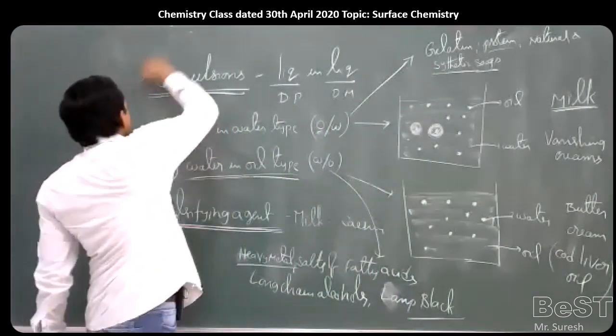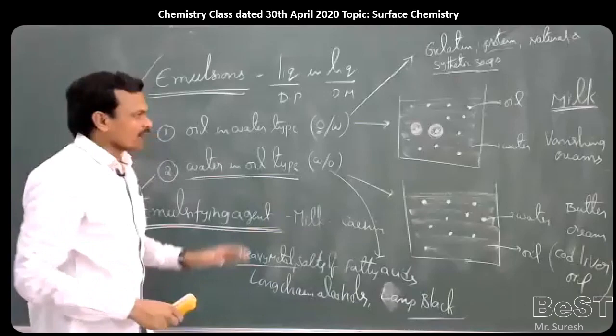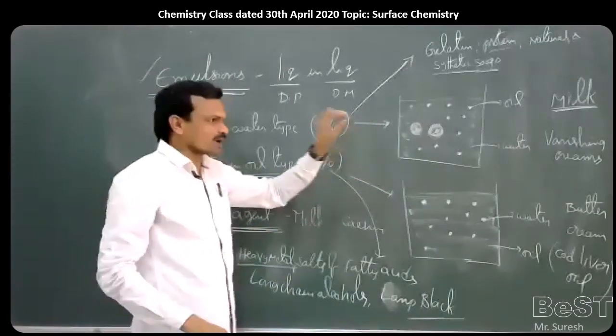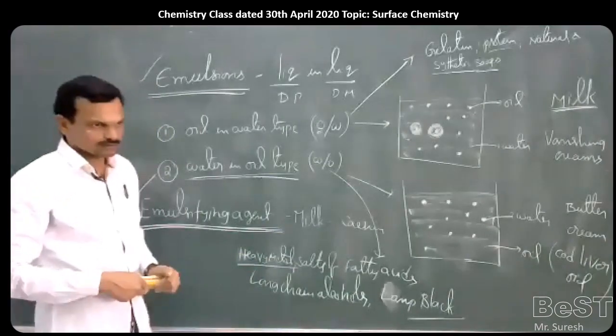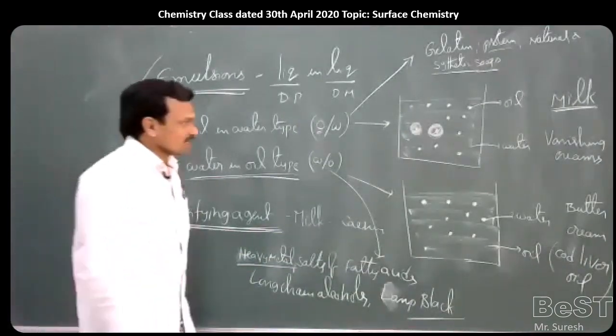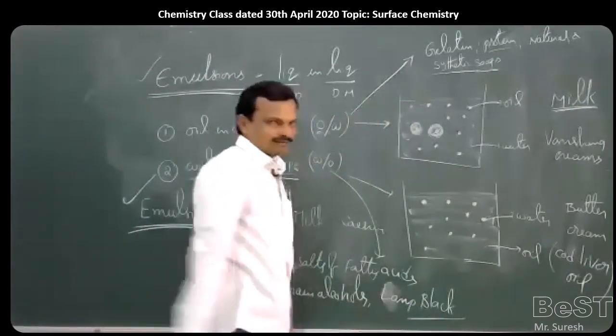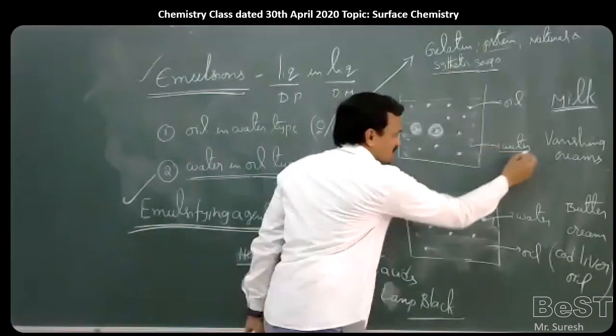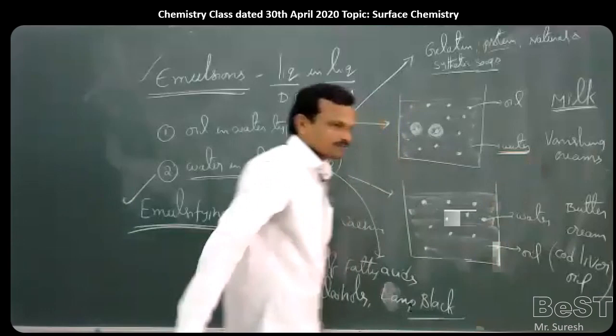In emulsions, generally the colloidal particles are negatively charged. In most of the emulsions, the colloidal particles are negatively charged. Next, an emulsion can be diluted by adding any proportion of dispersion medium.